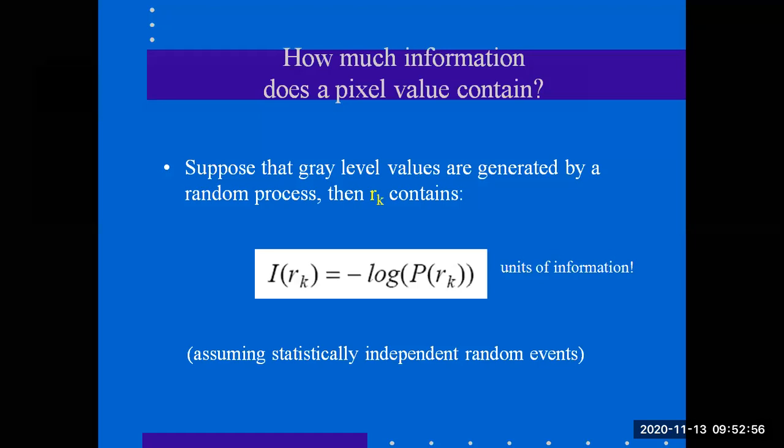From this randomness of the intensity level, we will calculate the information of a particular intensity level, given by minus log of P of r_k. If you know the probability of a particular intensity level, we can calculate the information of that intensity level. That indicates how much information is incorporated in the intensity level.